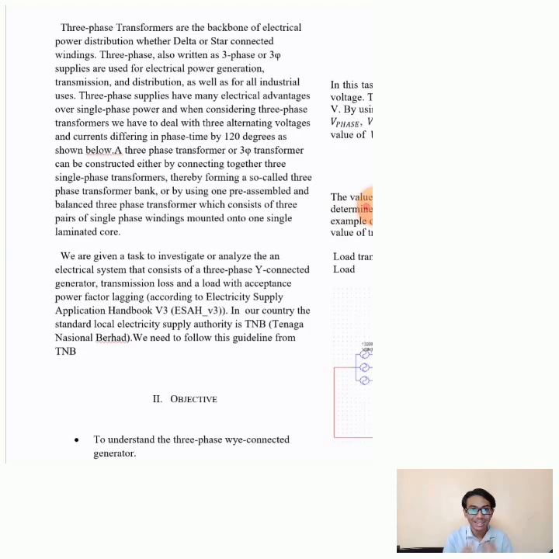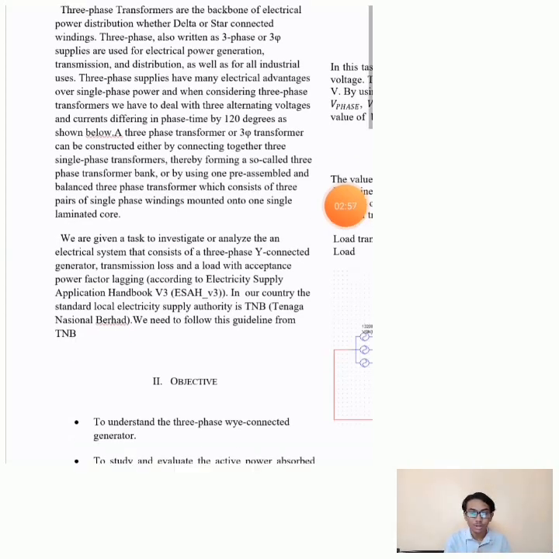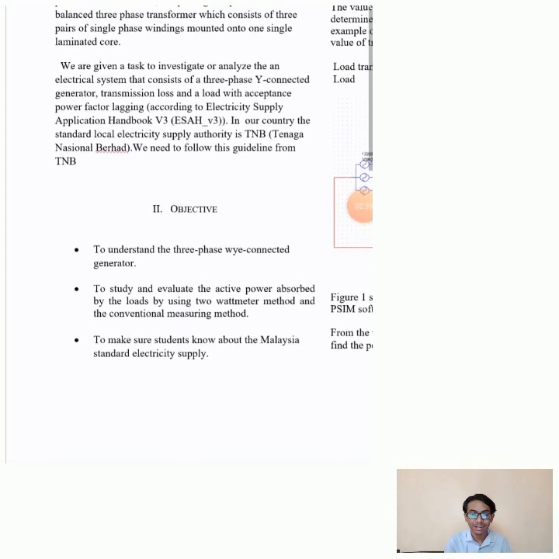Second, we will go through the objectives of our project. The first objective is to understand the three-phase Y-connected generator, how this system is working. The second is to study and evaluate the active power absorbed by the loads by using the two-wattmeter method and the conventional measuring method.